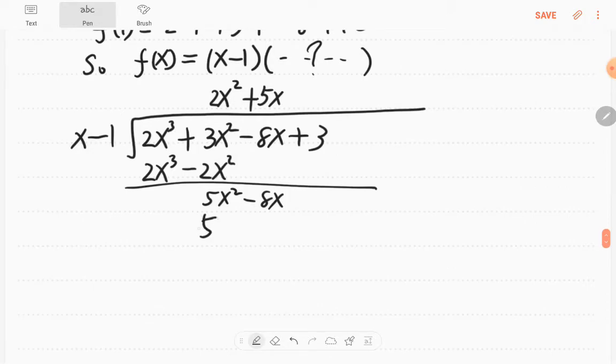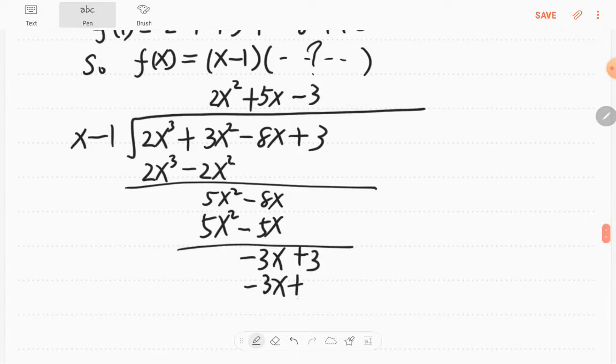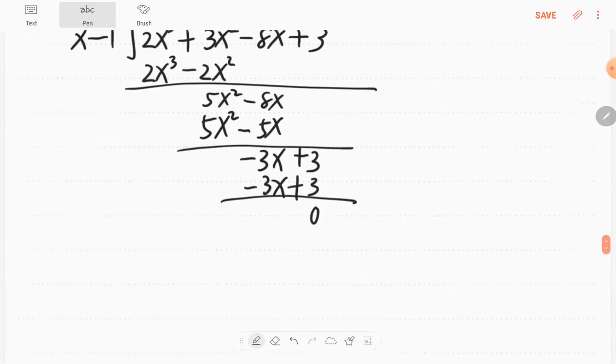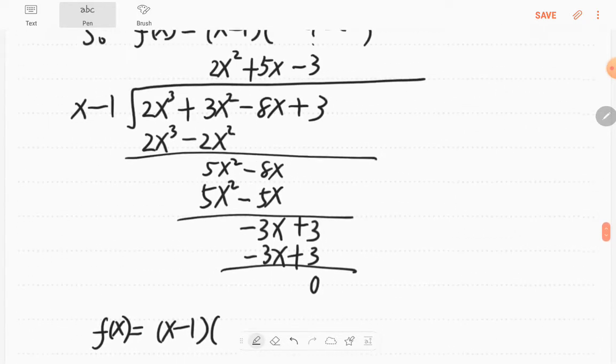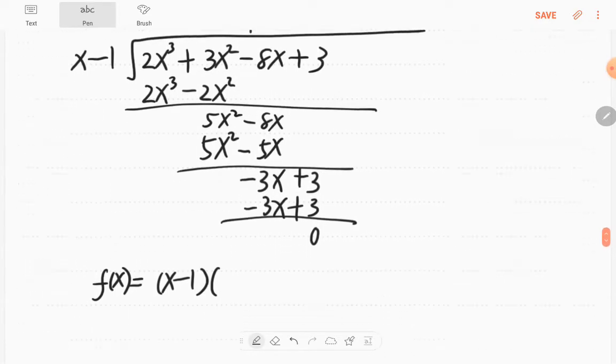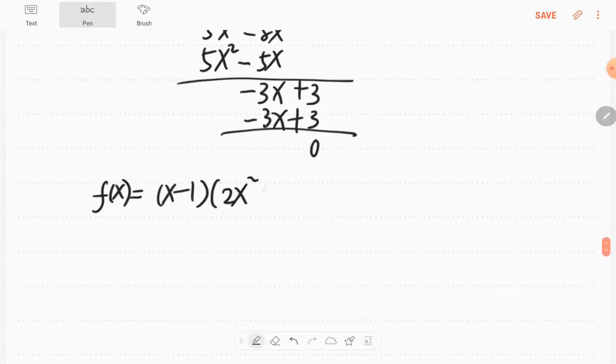So this is 5x squared minus 5x. So it would be negative 3x plus 3. So this is negative 3. So negative 3x plus 3. This is equal to 0. Right? So our function f of x can be written as x minus 1 times 2x squared plus 5x minus 3.